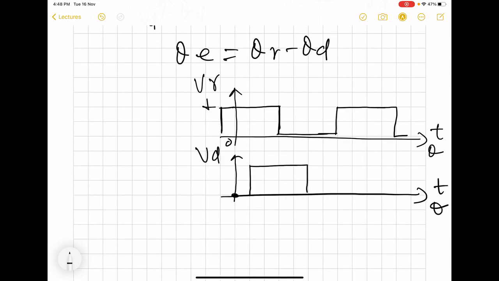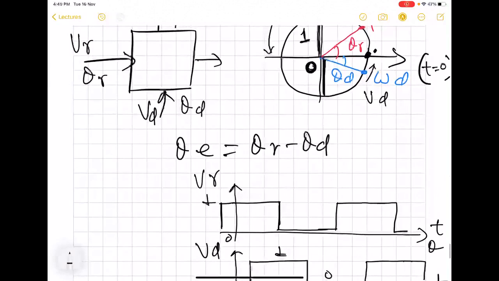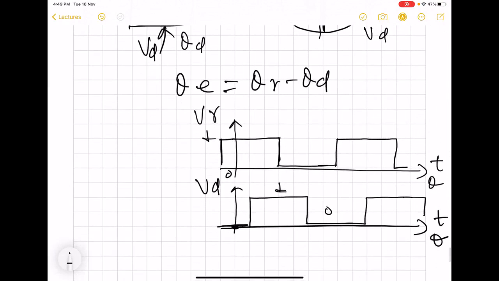So this is going to be the waveform for VD, like this. These are the two waveforms, and now we want to know what exactly is the phase difference between them in terms of waveform.